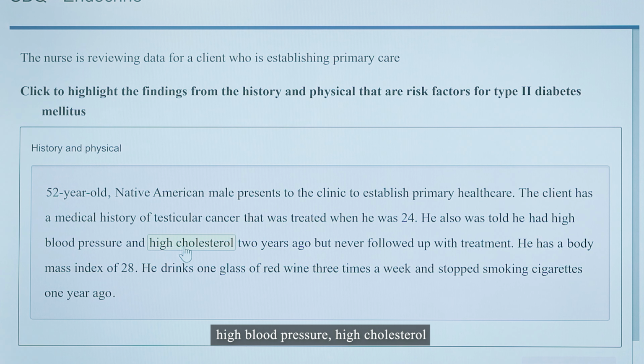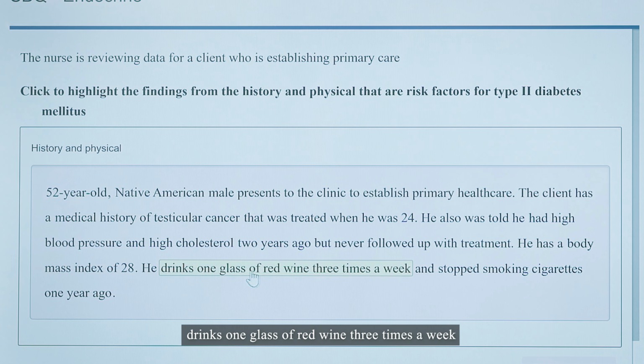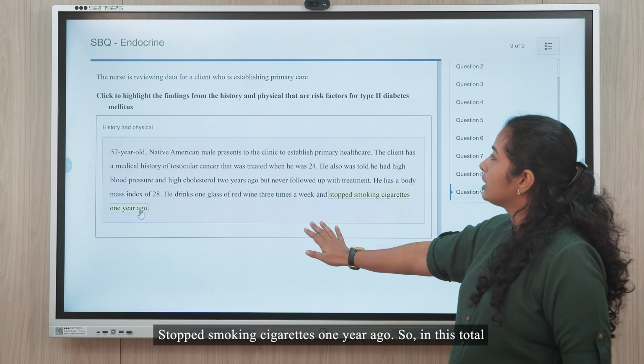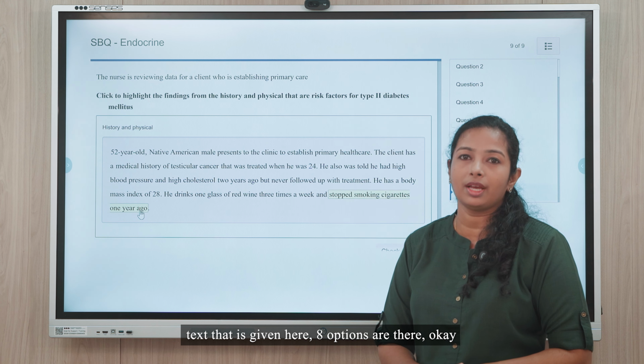high blood pressure, high cholesterol, then body mass index of 28, drinks 1 glass of red wine 3 times a week, stopped smoking cigarettes 1 year ago. So in this total text that is given here, 8 options are there.